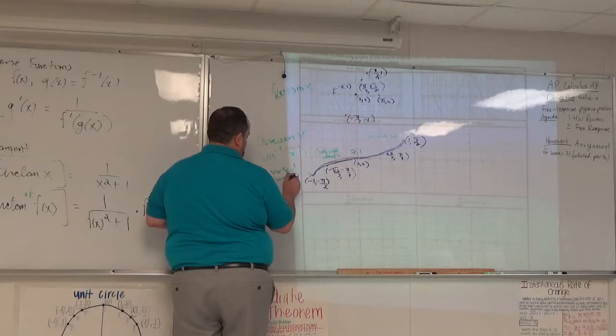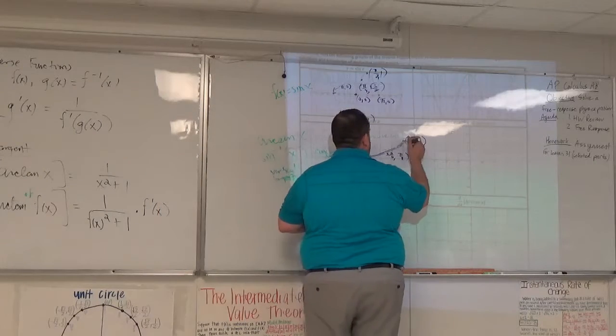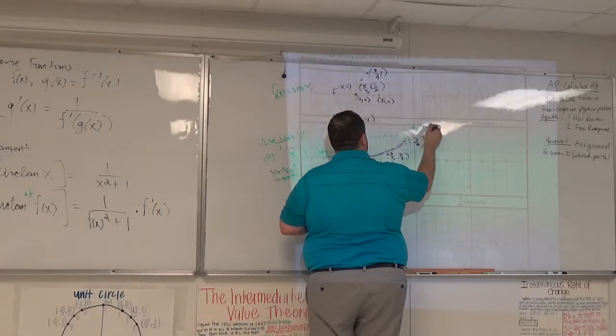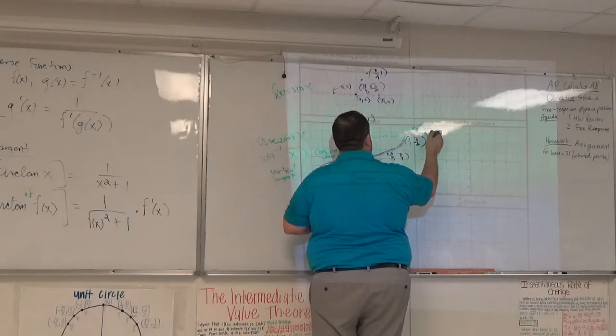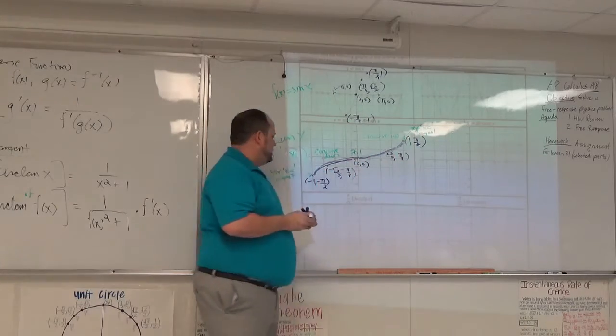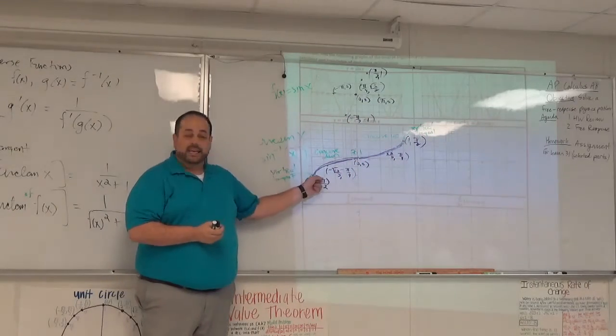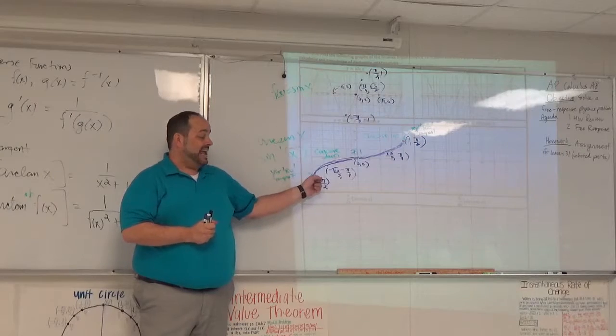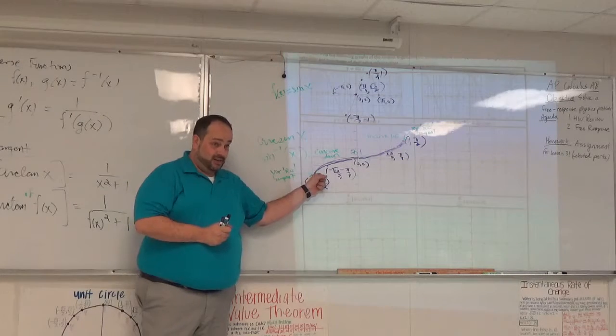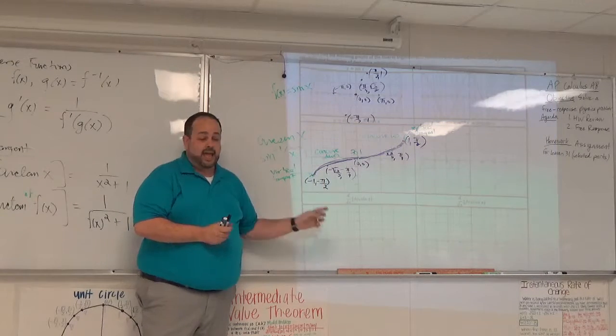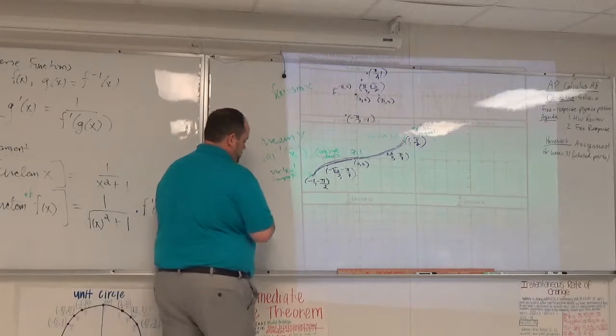Vertical tangent. So in my derivative, let's see if we remember all these derivative rules from last unit. If the inverse sine has a vertical tangent, the derivative has a vertical asymptote.